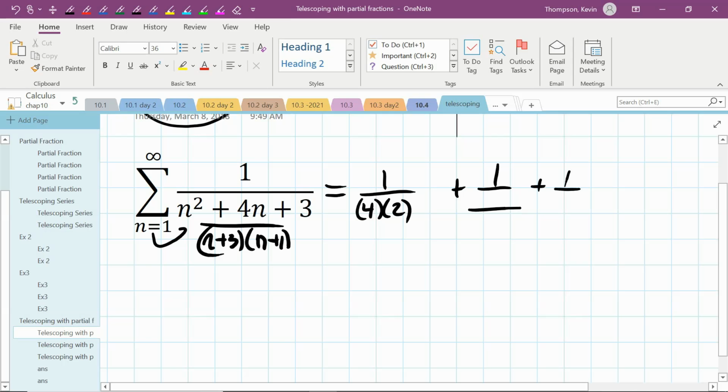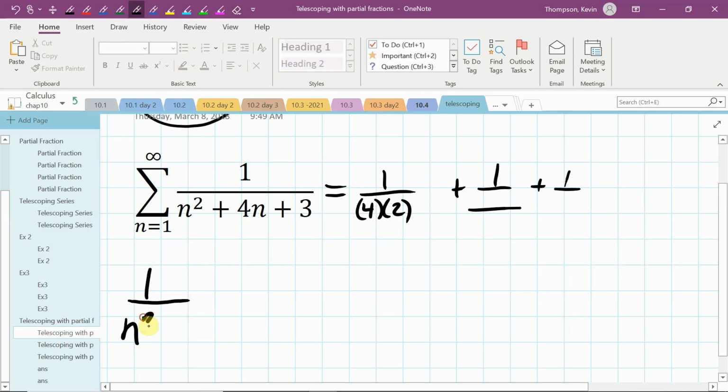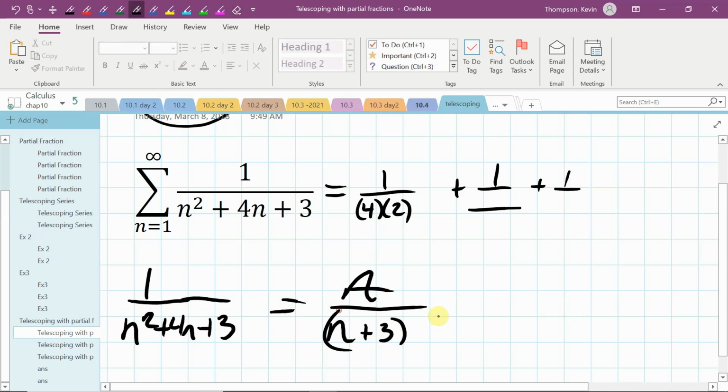So here's the next thing I want you to try. If you want to better see how this might telescope, try to rewrite this as some kind of partial fraction decomposition.